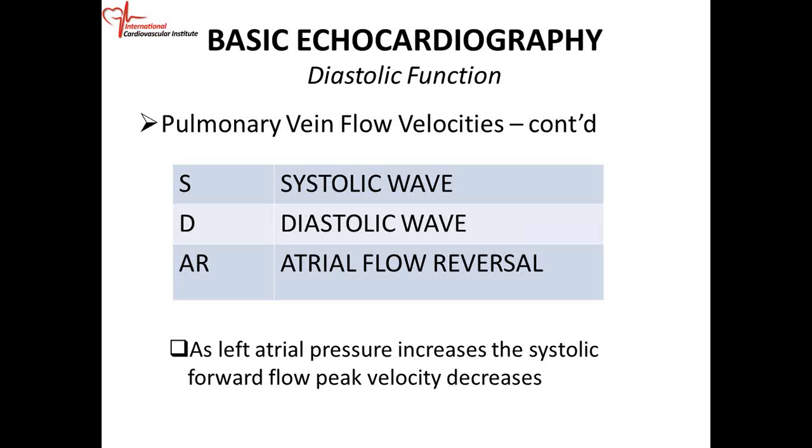As the diastolic dysfunction gets more severe, the systolic component decreases. Okay, as the left atrial pressure, because as the diastolic dysfunction gets worse, the left atrial pressure and left ventricular filling pressure also increases. Okay, remember when the heart fails, one of the first things that happens is the pressure in the left ventricle increases.